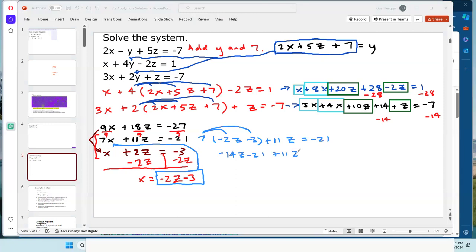Plus 11z equals -21. Looks like z is going to be 0. Add 21 to both sides, and the constant goes away. Combining these, it will be a -3z, which is equal to 0. Divide both sides by 3, and z is 0.